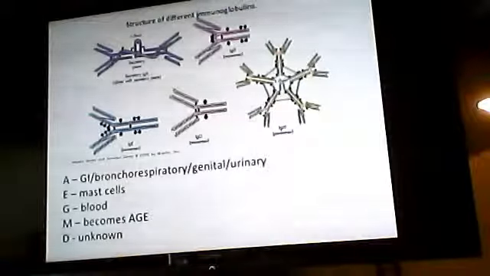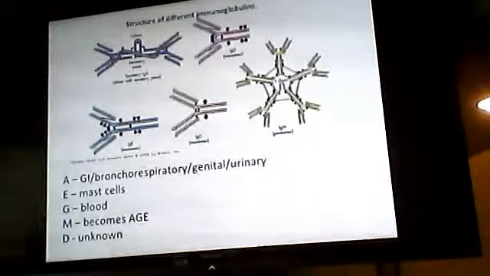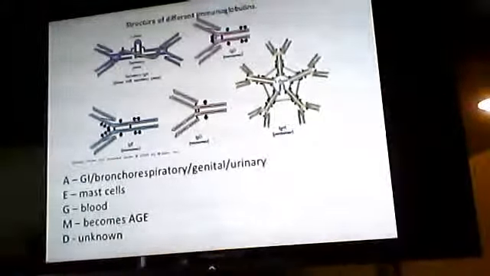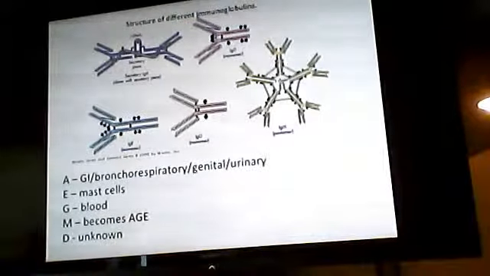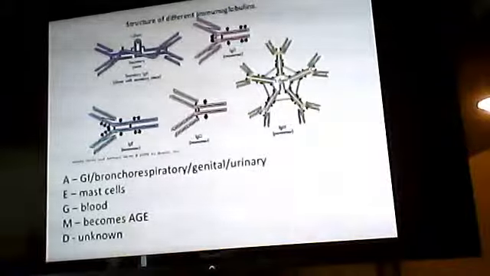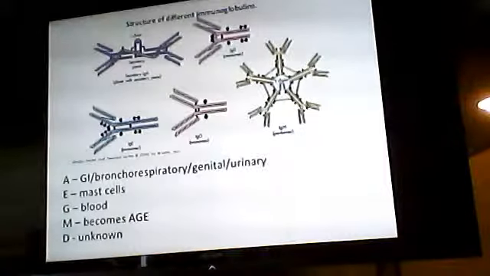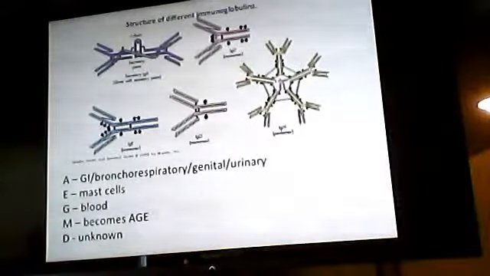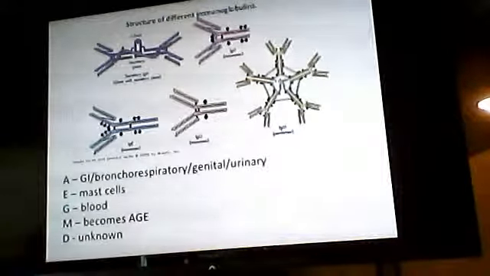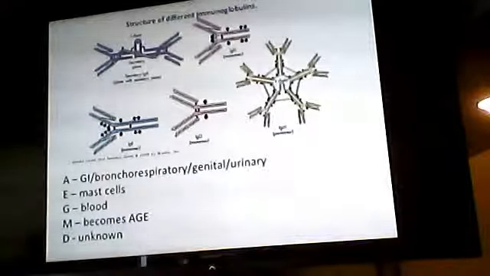There's all sorts of secretions in all of those areas. IgE are for mast cells, and those you'll find are most related to parasitic worm infections that you'll see for this class. IgG is kind of the starting point for all of them, so it's more general, it's just kind of in the blood.